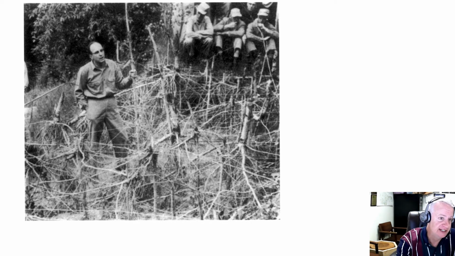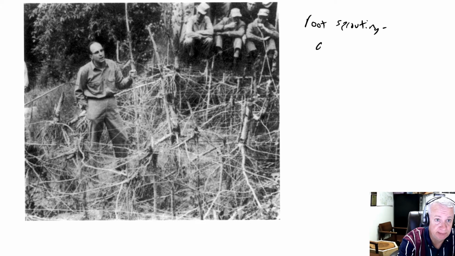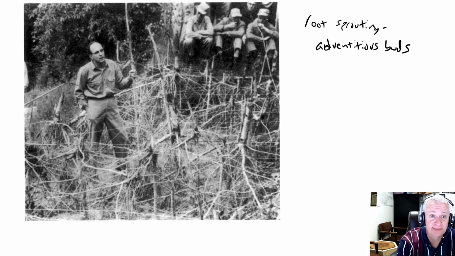But for instance, root sprouting is one mechanism of vegetative reproduction. Root sprouts arise from adventitious buds in the roots. And aspen is a really common root sprouting species.